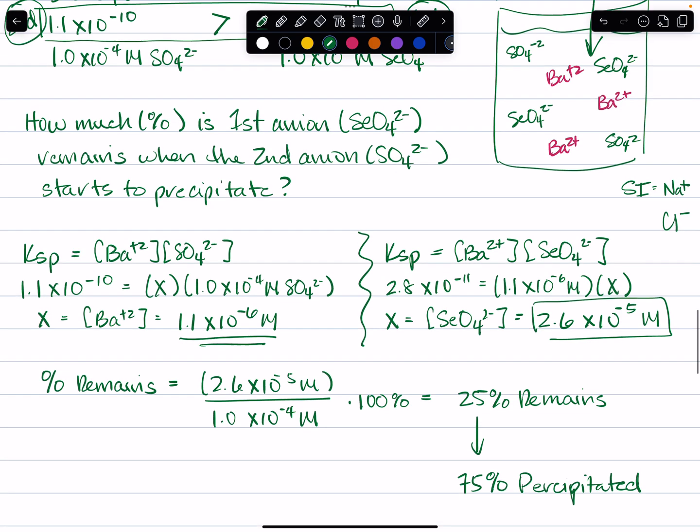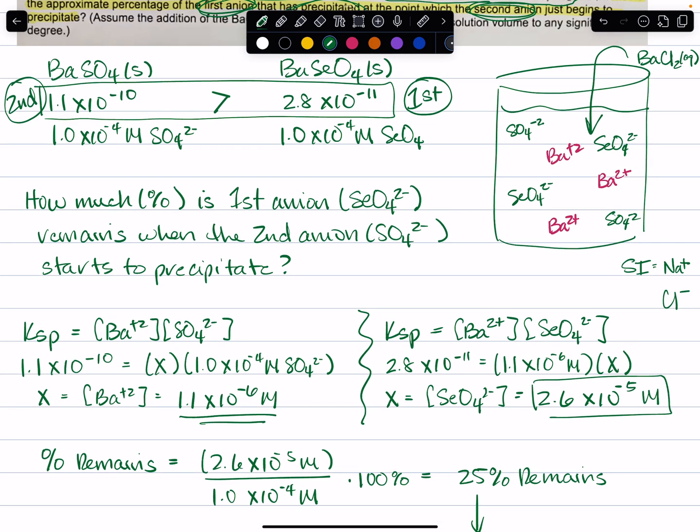So again, this problem is different because it's asking us to think about what's left for the first precipitate in terms of ions once we reach the point of precipitation for the second.